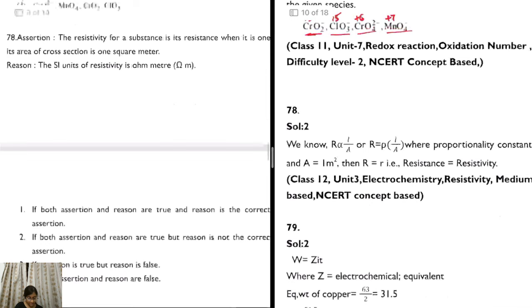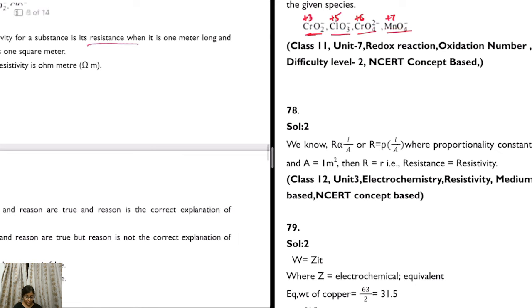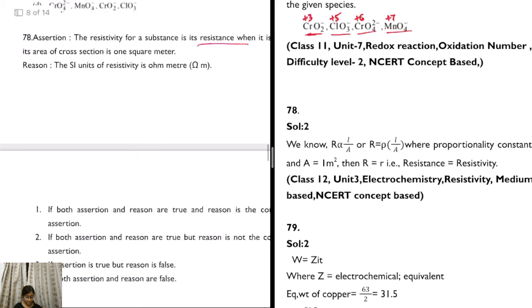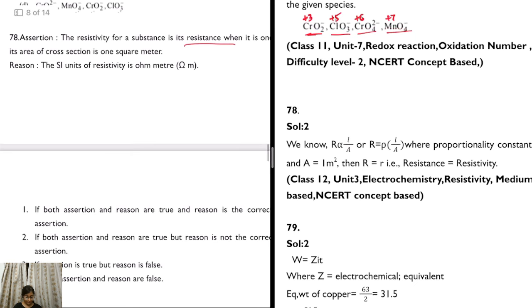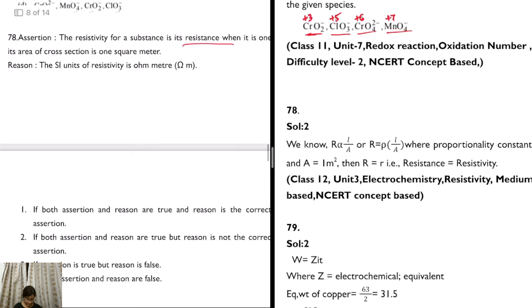Assertion is given: the resistivity for a substance is its resistance when it is 1 meter long and its area of cross section is 1 square meter. The SI unit of resistivity is given to be ohm meter. Let's see, both of these are true, but the reason does not explain the assertion.